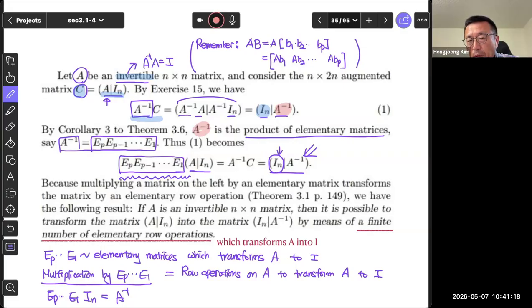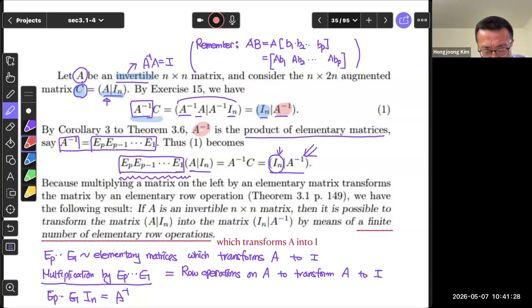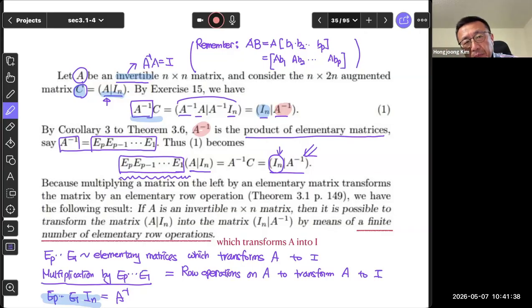I can find certain row operations. So if I perform those operations on the identity matrix, your identity matrix will become the inverse of A. That's the meaning of this expression: multiplication by E1 up to EP to this augmented matrix will generate this matrix.